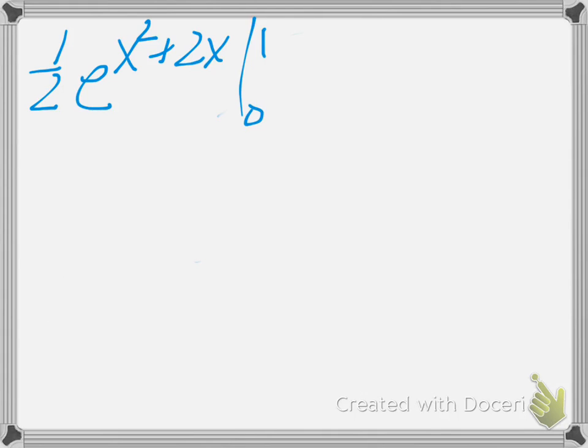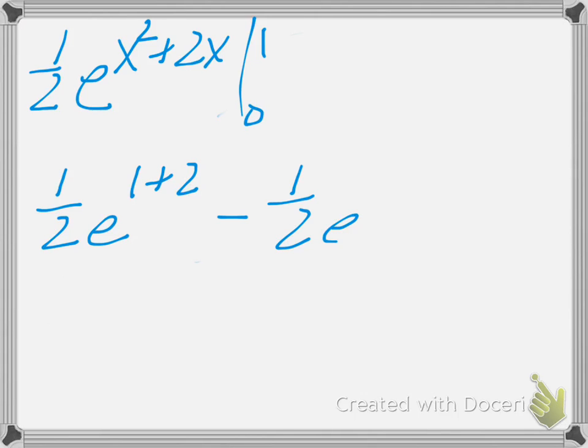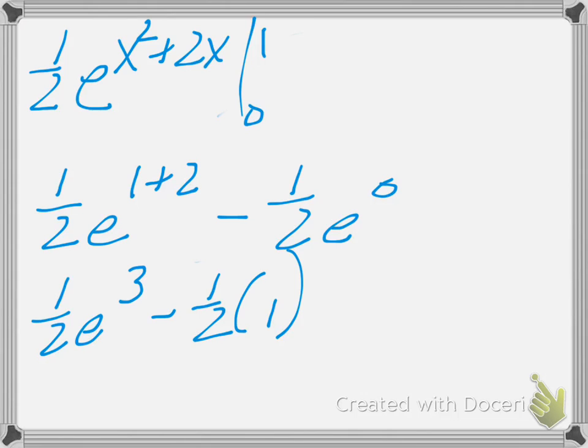Hope so. All right, first we're going to put in 1, so we get 1/2 e to the 1 plus 2, minus 1/2 e to the 0. So it's going to give us 1/2 e to the 3 minus 1/2 e to the 0, which is just 1. So we get 1/2 e to the 3 minus 1/2.